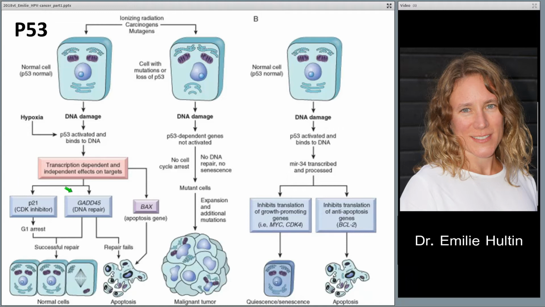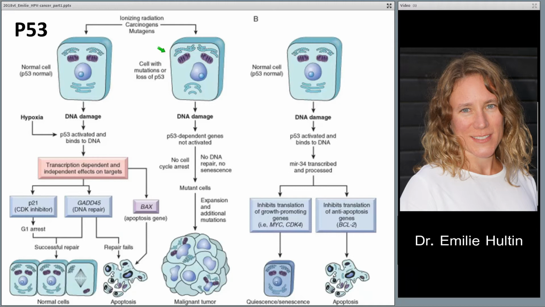And it will also activate the GADD45 gene, which is a DNA repair gene. And if the repair of the DNA is successful, the cells will continue to divide and become normal cells. However, if the DNA repair fails, the p53 will activate the apoptosis pathway and the cell will then turn into apoptosis and die.